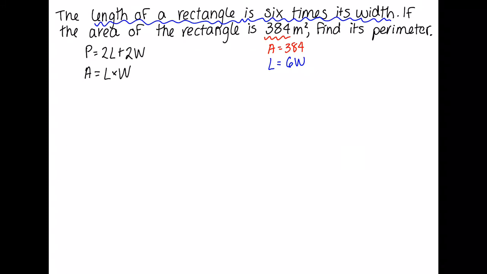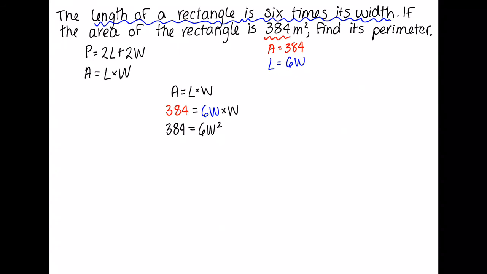We're going to take these values and plug them into the area formula. So area is equal to length times width. The area is 384 equals the length, 6w, times w. w times w will be w squared, so this comes out to be 384 equals 6w squared.